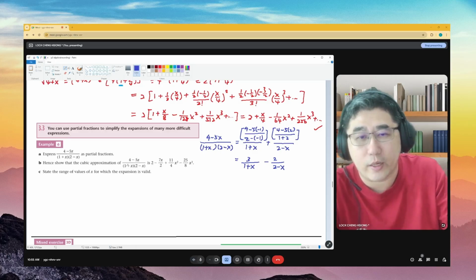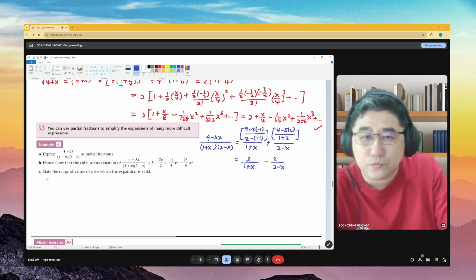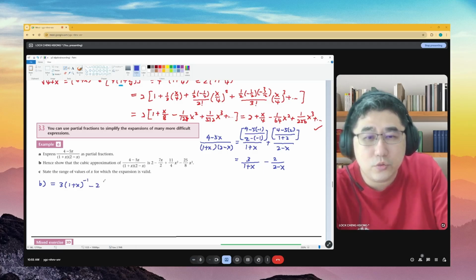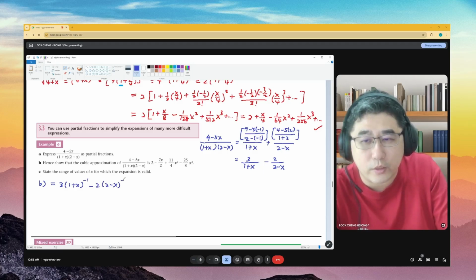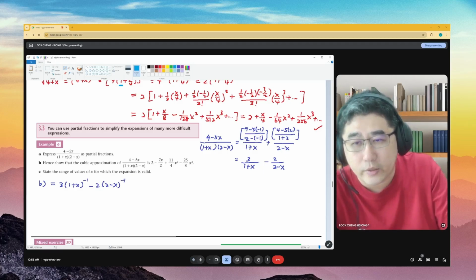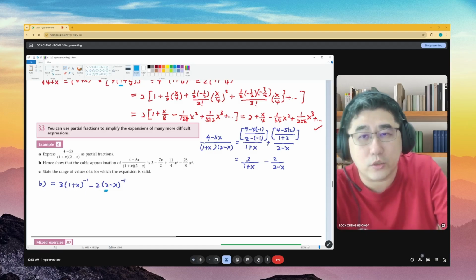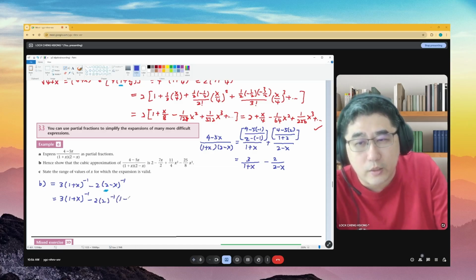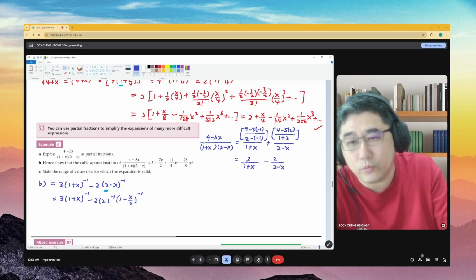Now I need to do my expansion. So I continue. It equals 3 of 1 plus x power minus 1, minus 2 of 2 minus x power minus 1. You can see that this part here is not 1, so I need to do some algebra manipulation. So 1 plus x power minus 1, minus 2 of 2 times 1 minus x over 2, power minus 1.